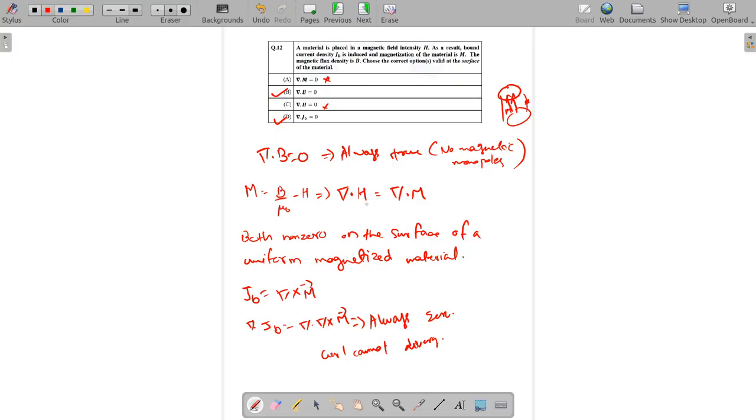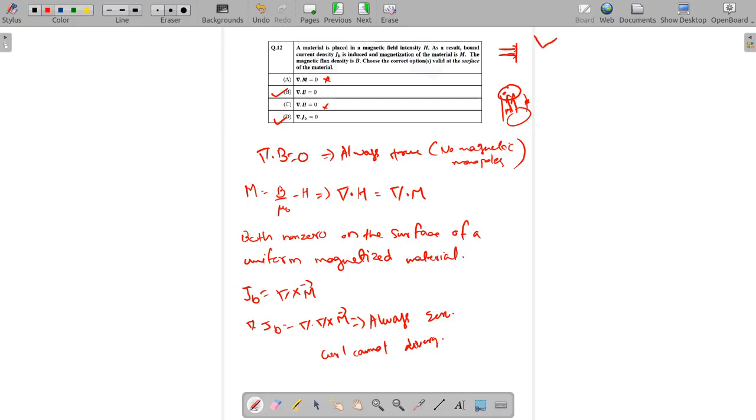These can be non-zero. For example, here, if you take this point, there is a divergence in the magnetization vector. If you have a vector coming in and suddenly at this point it vanishes, that means it's going inside. Divergence means it's a kind of a sink or source.